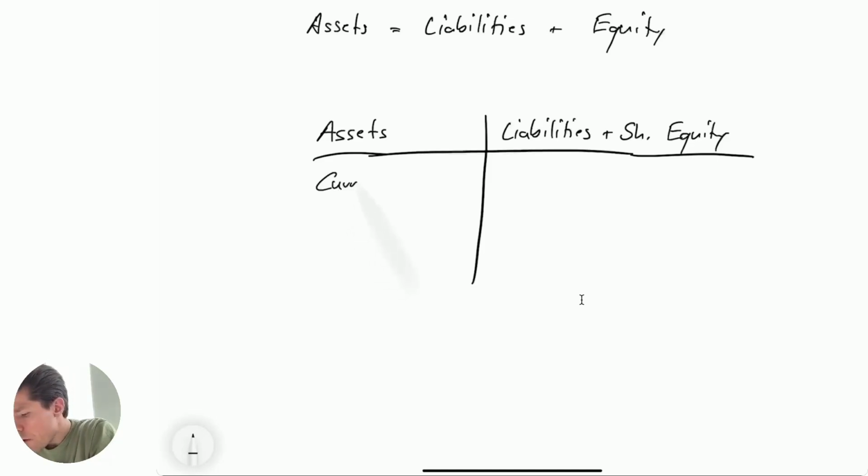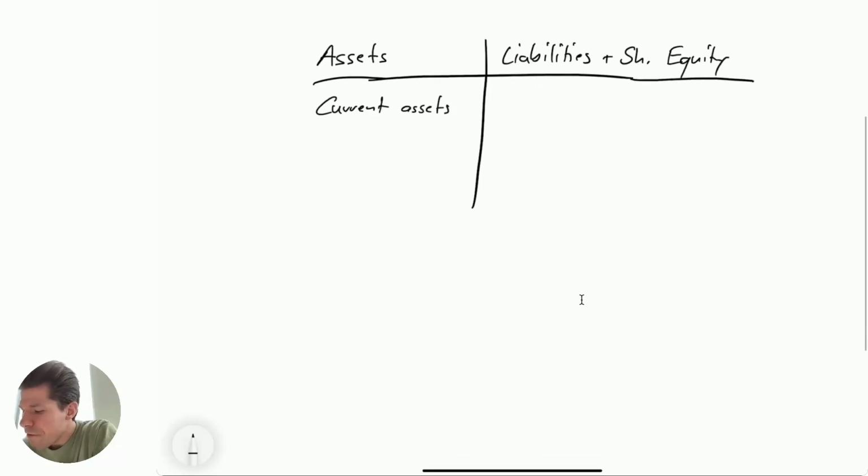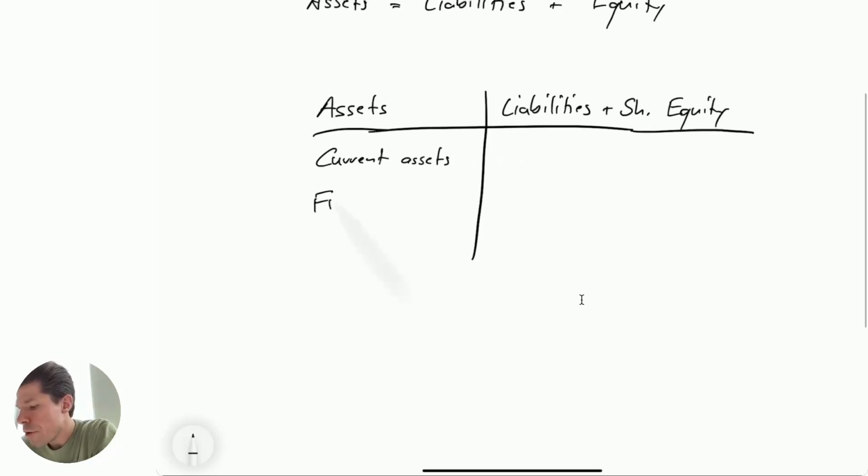We have current assets. These are short-term assets like cash, accounts receivables, inventory, and then you have fixed or non-current assets. Difference is usually 1 year. Current assets, assets that are used up within 1 year. Fixed assets, longer-term assets like property, equipment, and intangible assets.